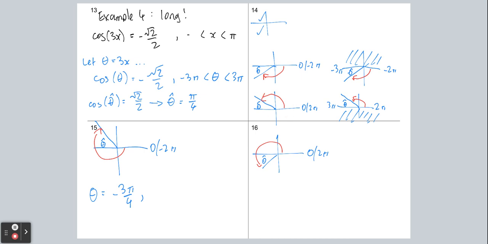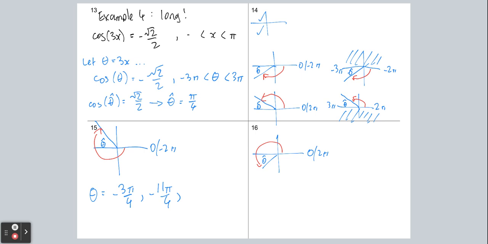Next one is this one here. I'll at least do all the negatives to start off with. This one here is between negative 2 pi and negative 3 pi. So it's going to be negative 3 pi all the way up to here, and then backwards pi on 4. So what's negative 3 pi? Negative 3 pi is negative 12 pi on 4, plus pi on 4 is negative 11 pi on 4.